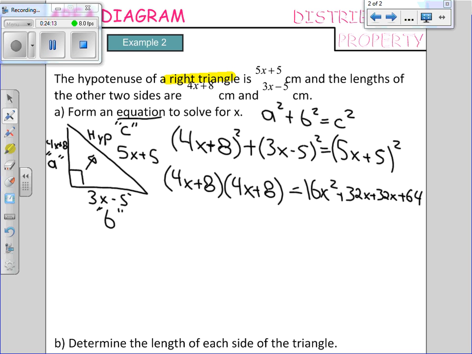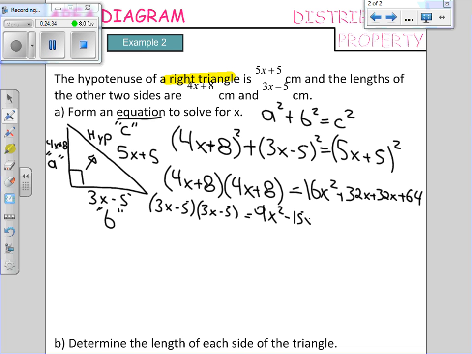3x minus 5 times 3x minus 5. That's going to give you 9x squared. Your outside's going to give you negative 15x. Your inside's going to give you the same thing. And your last term is going to be positive 25.